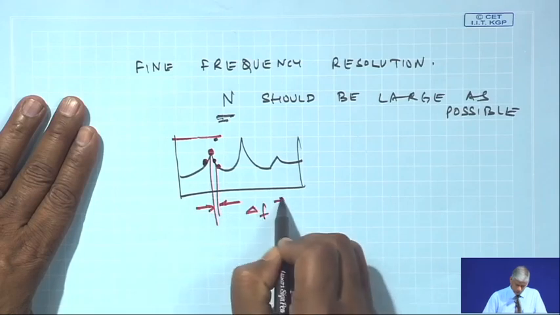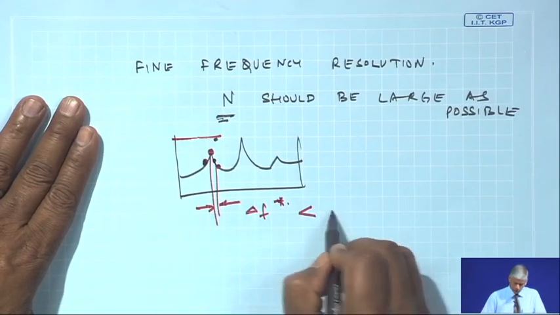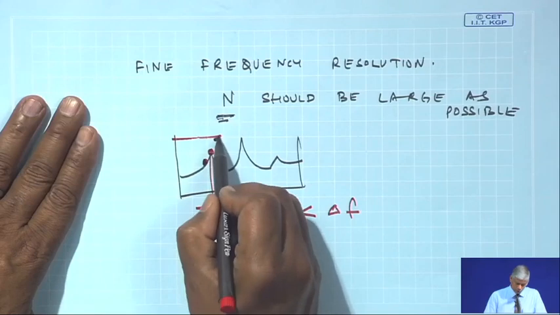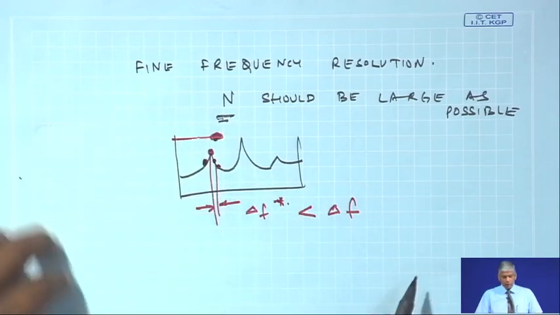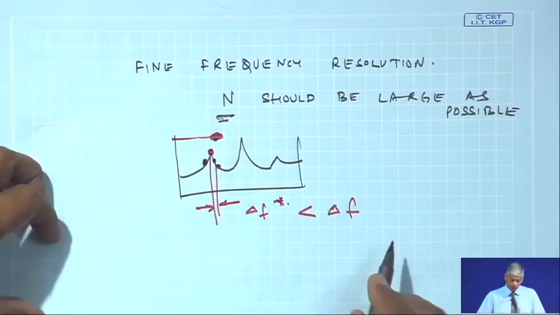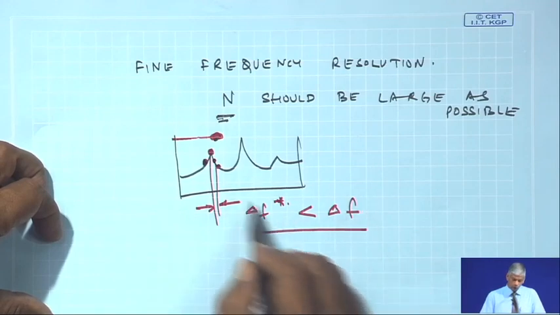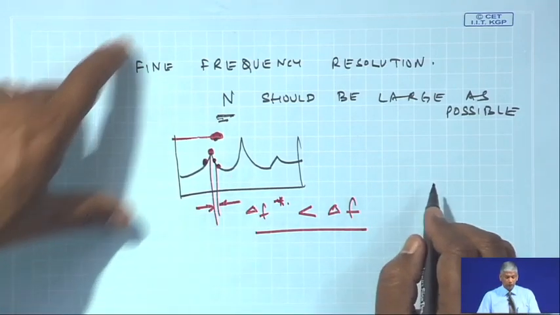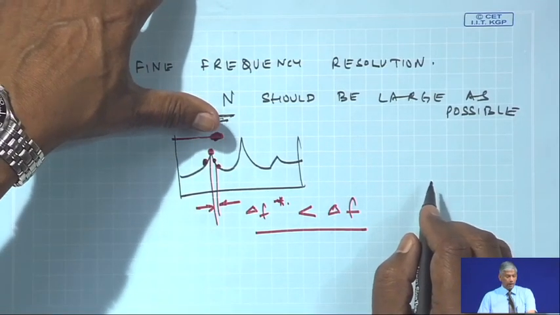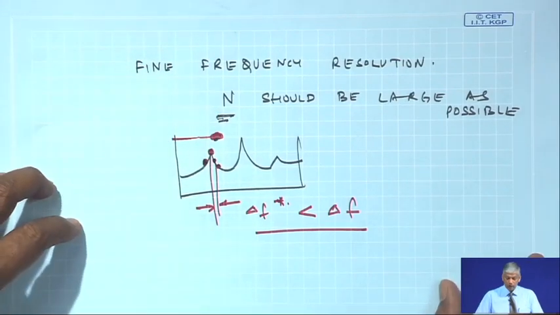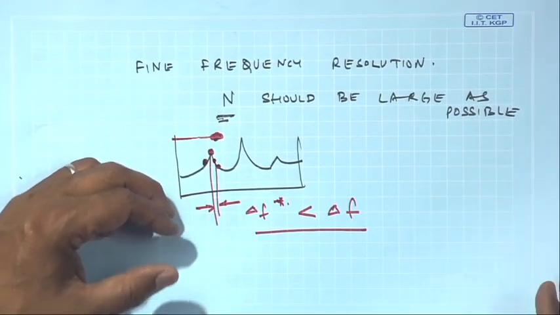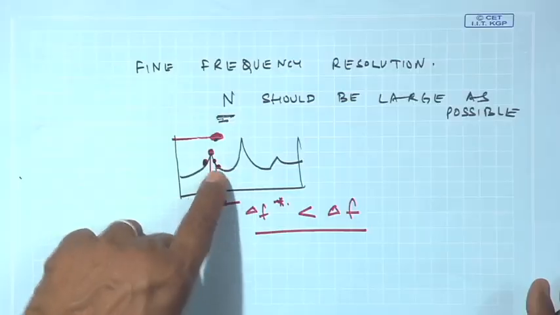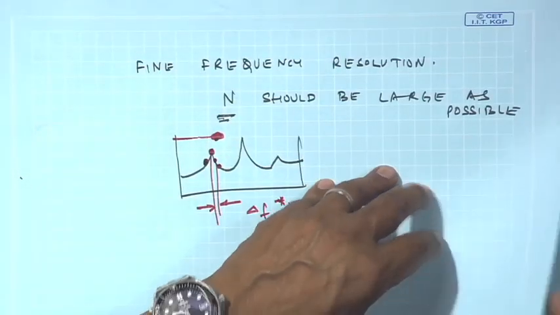Delta f star is something much less than delta f. So, I am missing this peak, and that is what is known as this picket fence effect. So, the only way I can do for a fixed f s is increase n, and we will see in the subsequent class an example how through improving the n I can have delta f very fine.